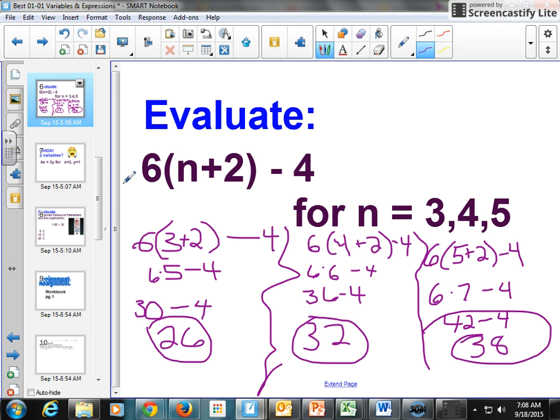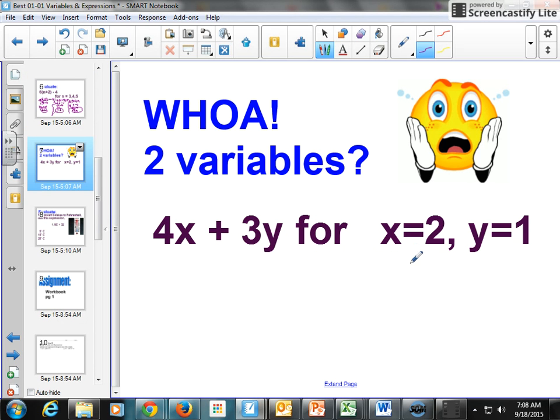Last but not least here, what if you have two variables, 4x plus 3y? There's an algebraic expression. I want you to substitute a value of 2 for x and 1 for y. 4x means 4 times x, and I want you to use a value of 2. 3y means 3 times y, and y has a value of 1.